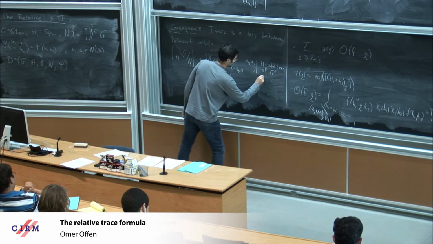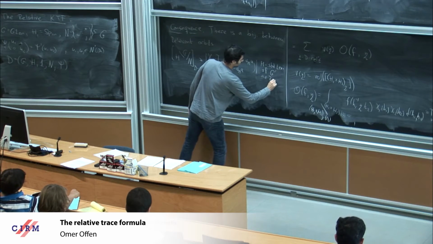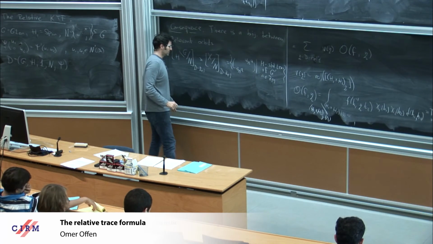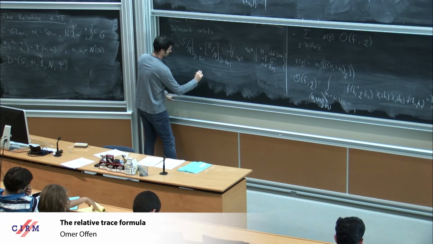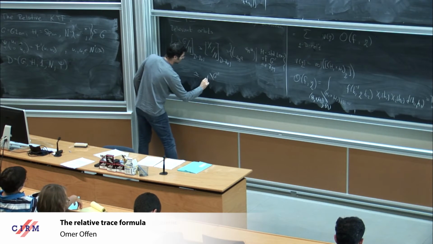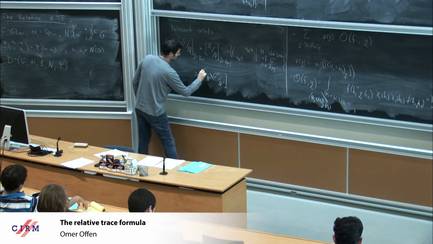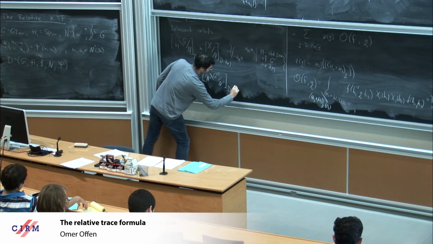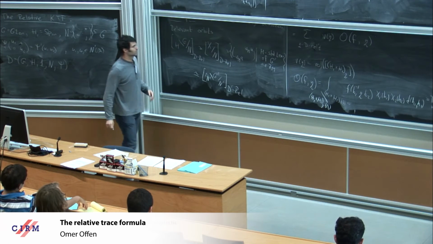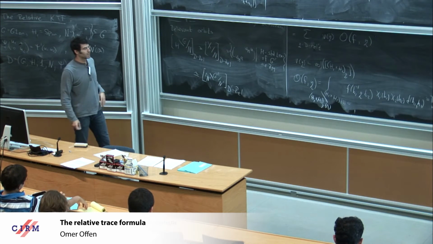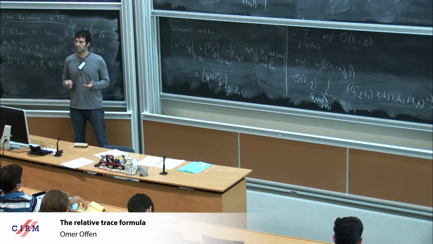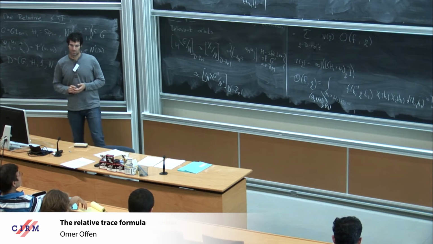And A is in the center of M. And this is bijective with the relevant orbits in the prime setting. Okay. So we have a basis to compare between orbital integrals.